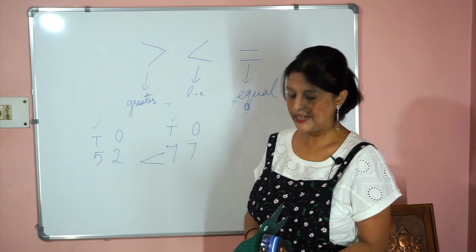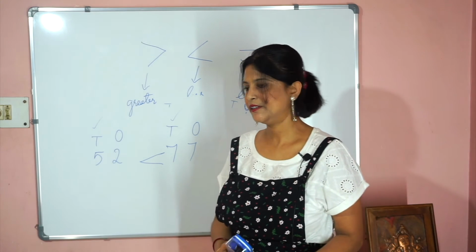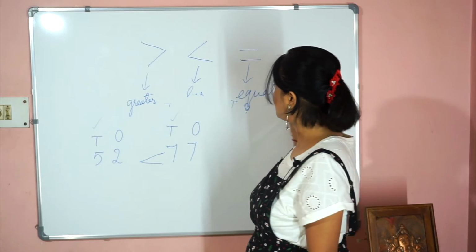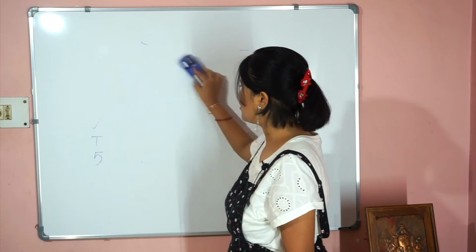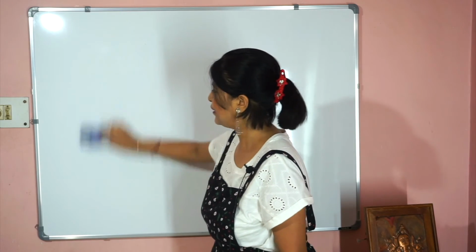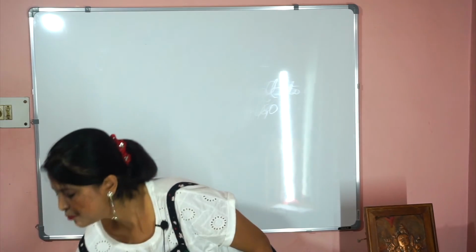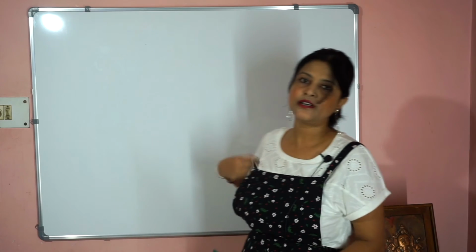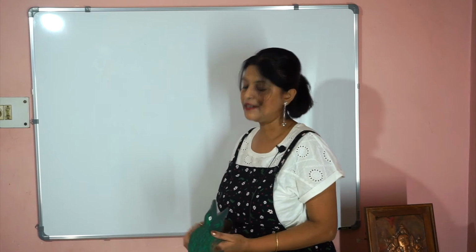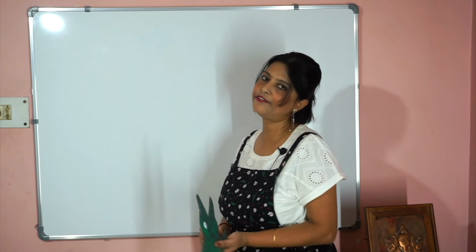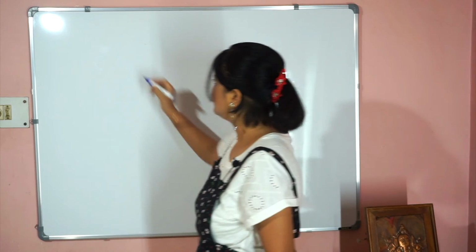Next, children, let us learn about ascending order and descending order. Once you have understood the concept of greater than and less than, ascending order and descending order will not be a problem at all. So, ascending means we move on from a smaller number to a bigger number, and descending means we move on from bigger number to smaller ones.